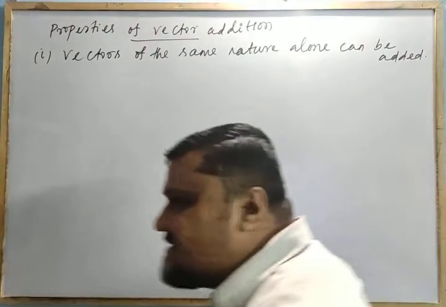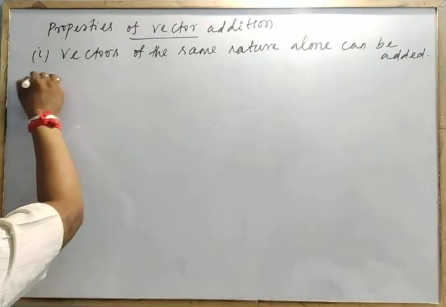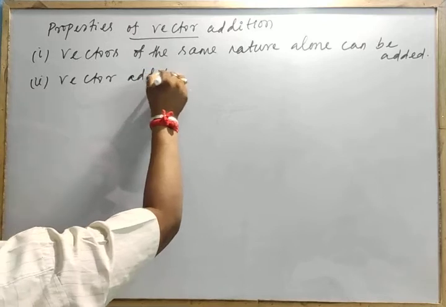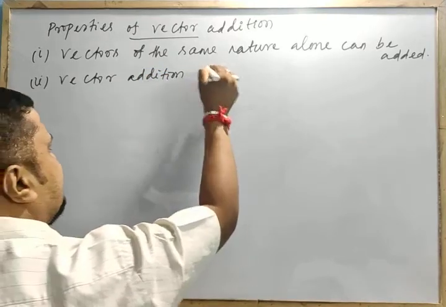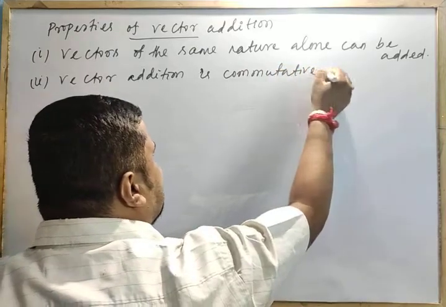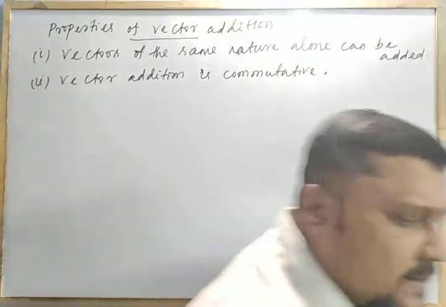Vector addition is commutative. Vector addition is commutative. It means what?